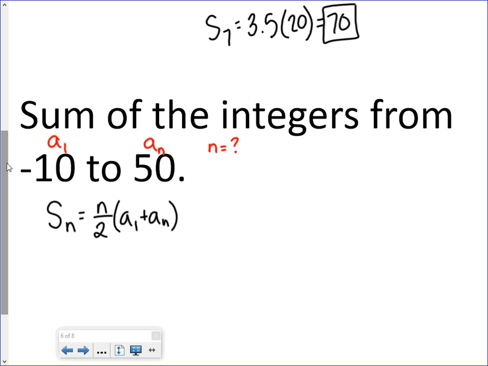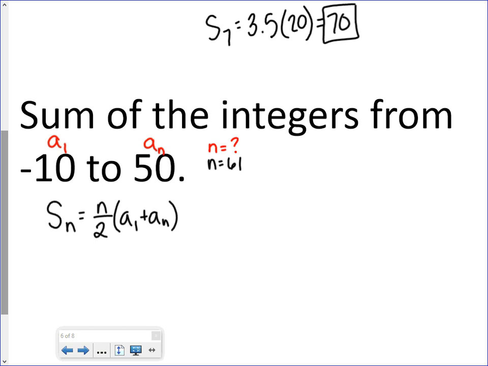And 10 to 19 is 10 numbers. So when I get up to 40, 40 to 49 is 10 numbers. So instead of having 60, I really have 61, because 50 is in the next set of 10 numbers. So my n value here is really 61.